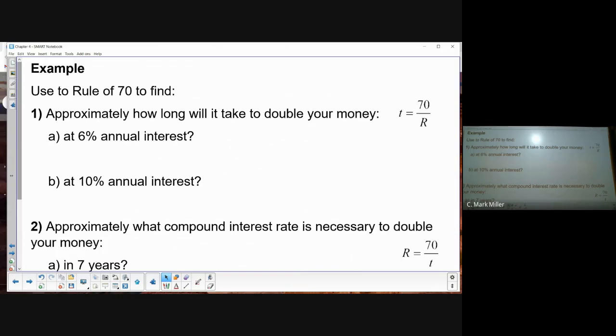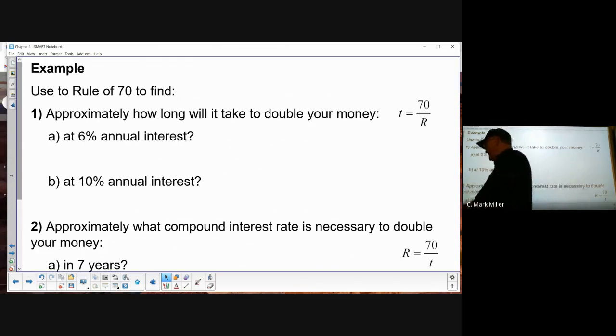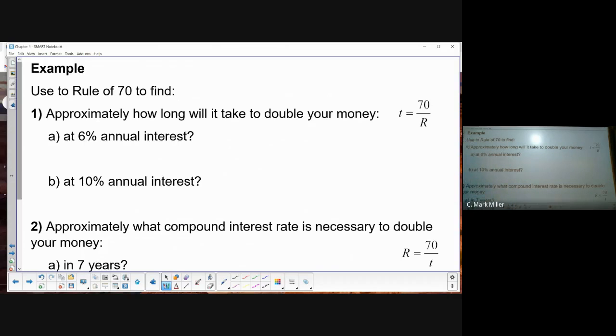Okay. So approximately how long will it take to double your money at 6% annual interest? It's asking for how long, so your answer is going to be in years. 6 goes into 70 not evenly, but it goes into 72, right?